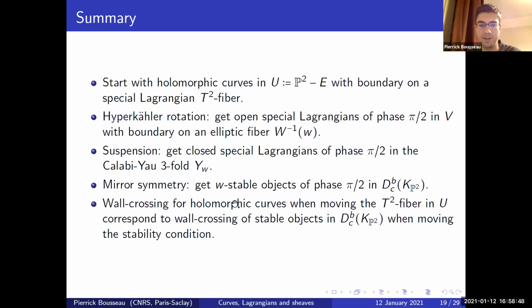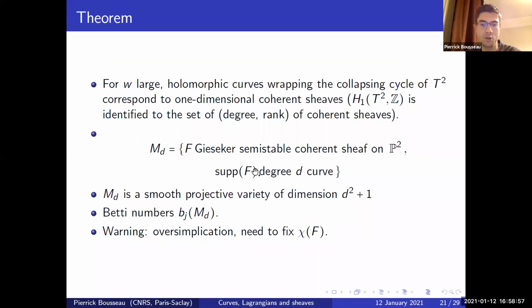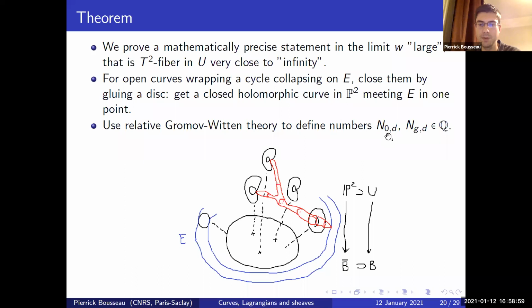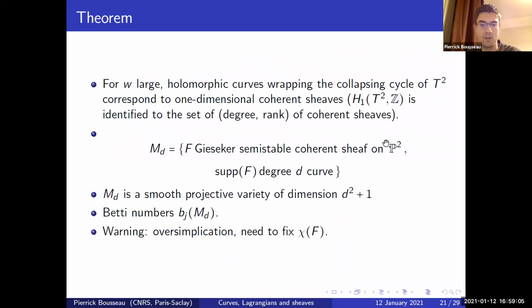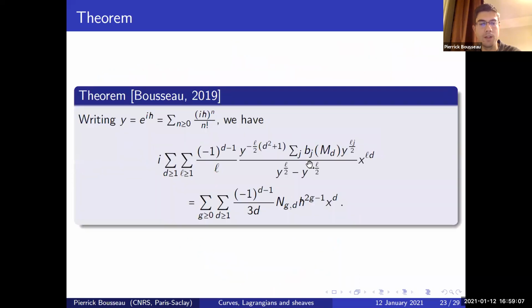So the claim is that this sequence of geometric steps, you can use them to guess that there should be a relation between these numbers, but I don't know how to make it precise enough, first to prove the theorem, and then to get a more precise statement at the level of moduli spaces.